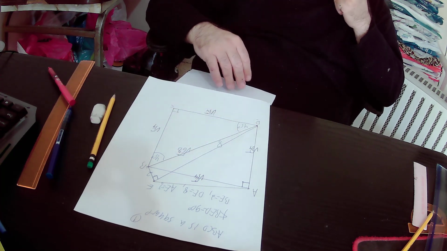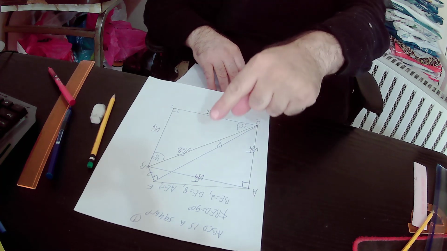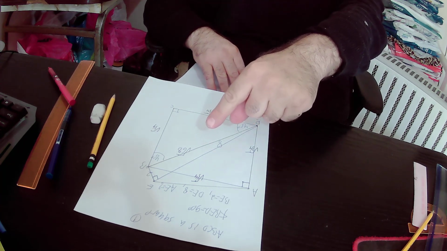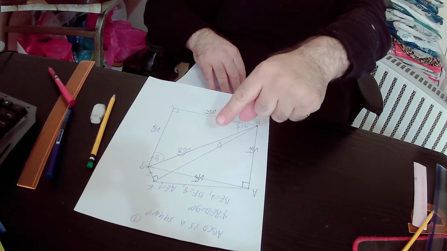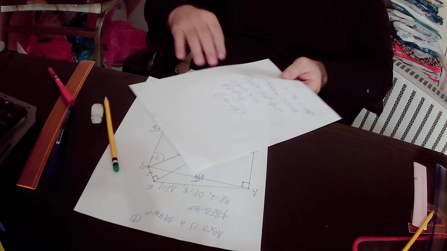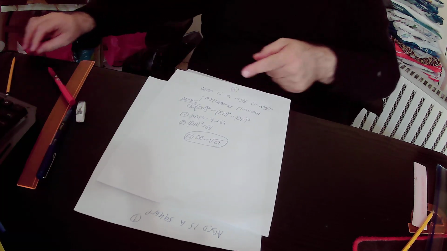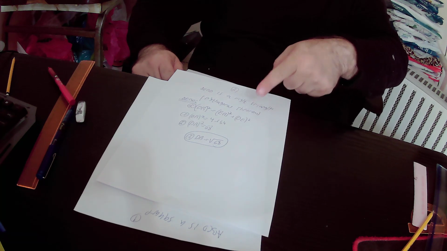Therefore, according to Pythagoras theorem, the square of the hypotenuse equals the sum of the squares of the perpendiculars in the right triangle EBD. That is to say, BD square equals DB square equals EB square plus DE square.